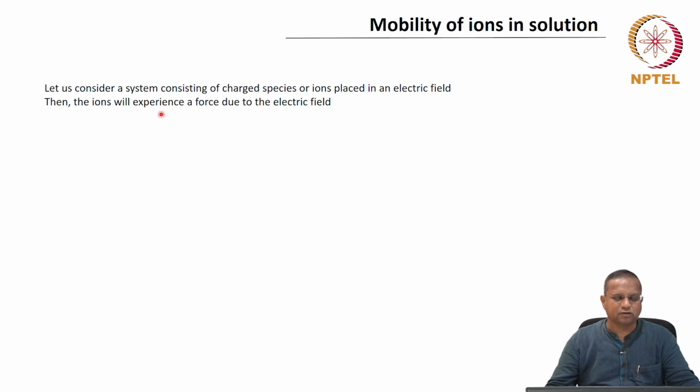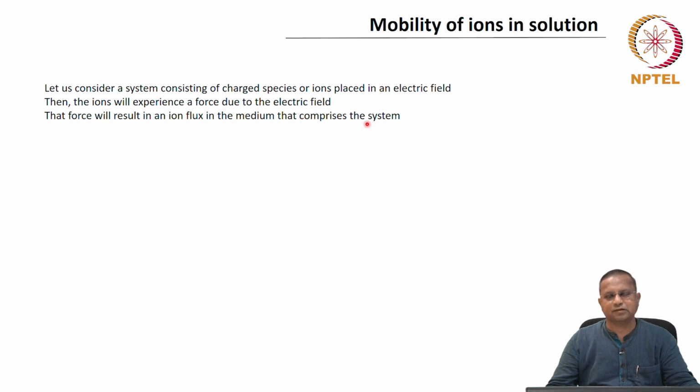So these ions will experience a force due to the electric field that is placed over our system. That force will result in an ion flux in the medium. There is a certain medium in the system, and these ions are in the medium, and the applied electric field could result in an ion flux in the medium.